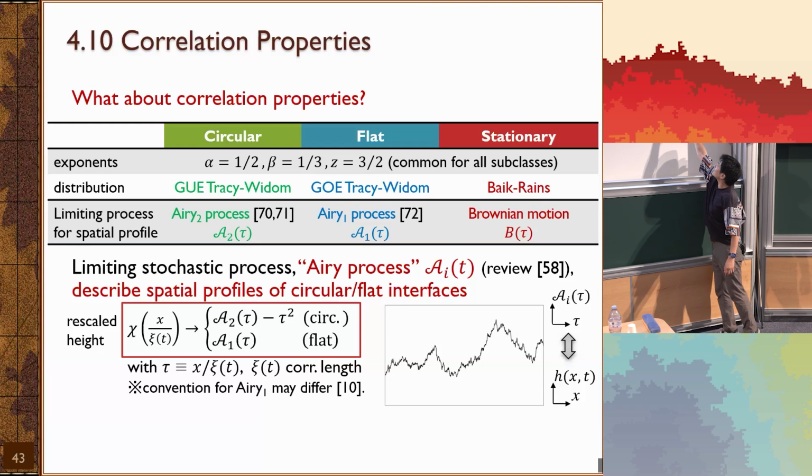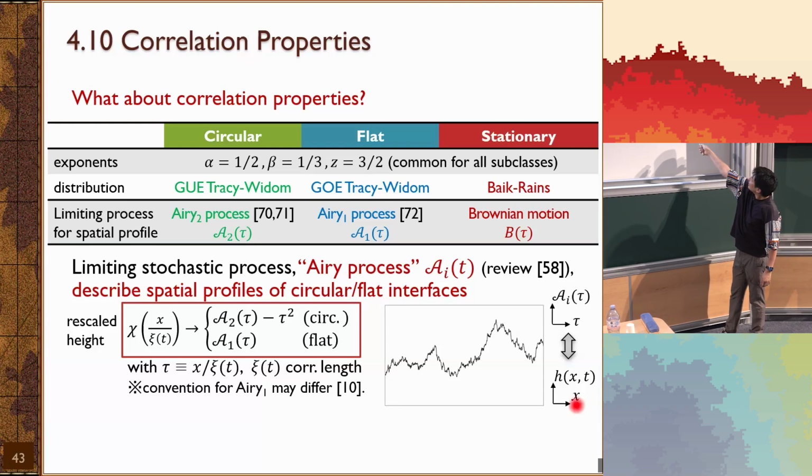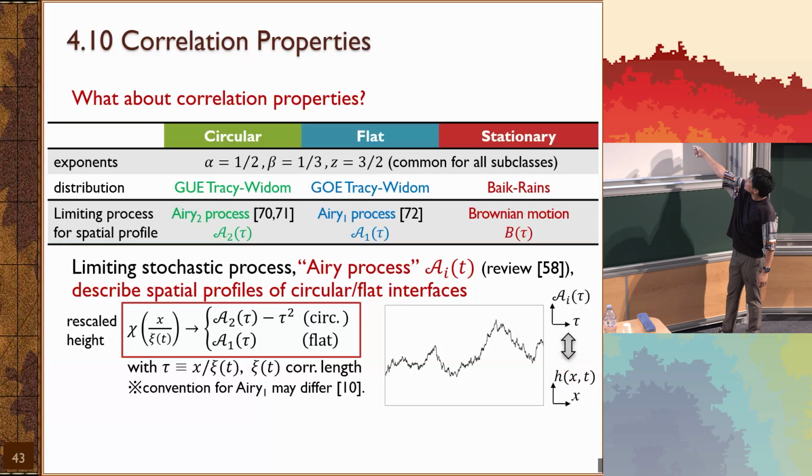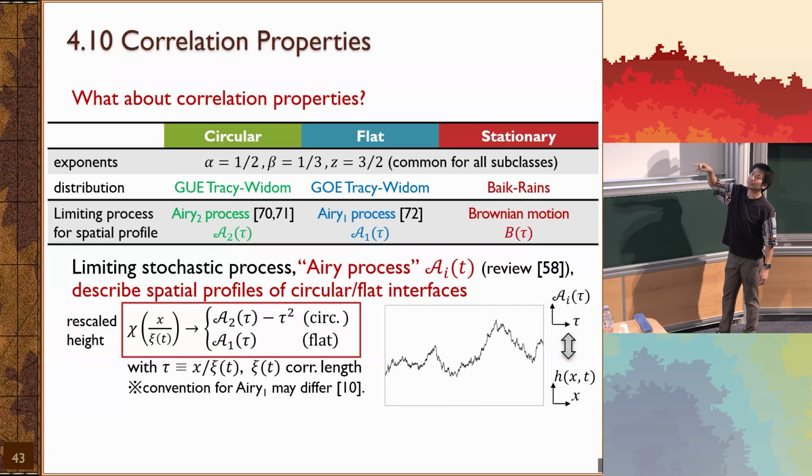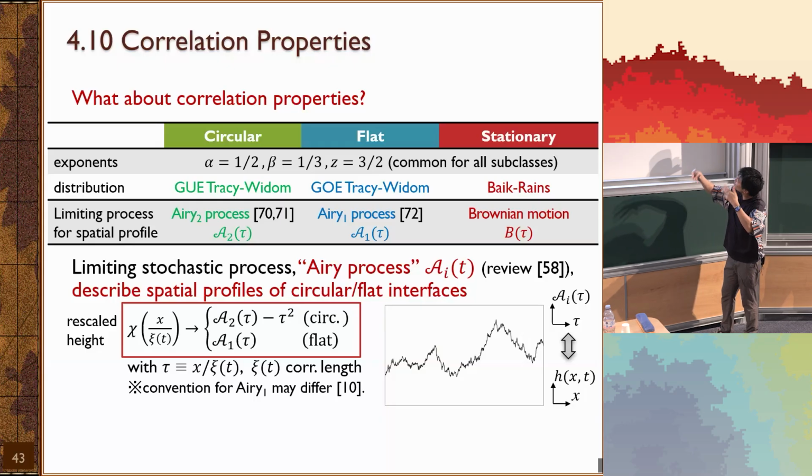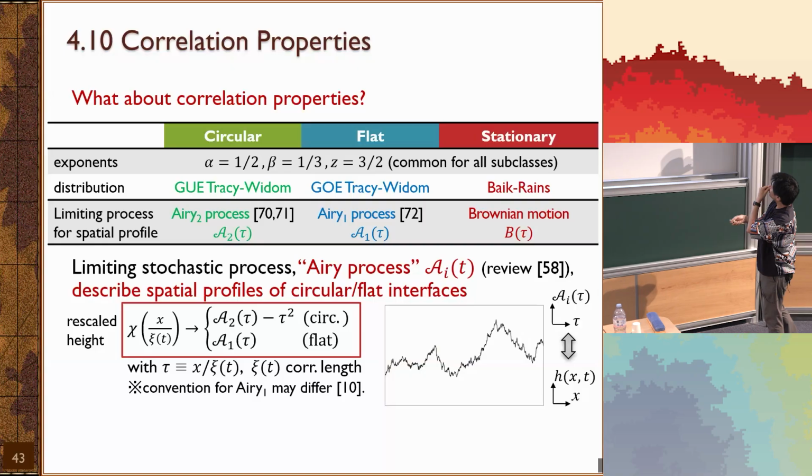So you divide x by xi, and fluctuations of h should be divided by t to the 1/3. And then your interface looks statistically stationary in this representation.